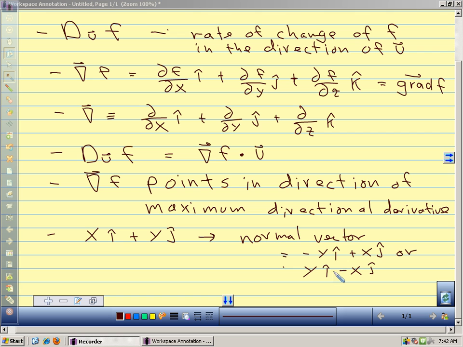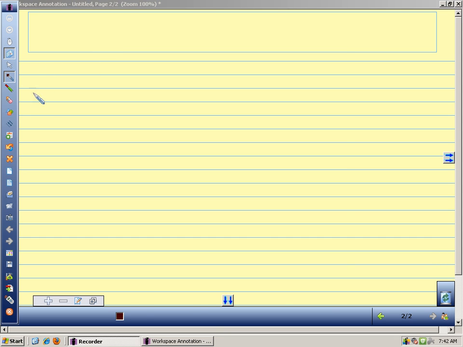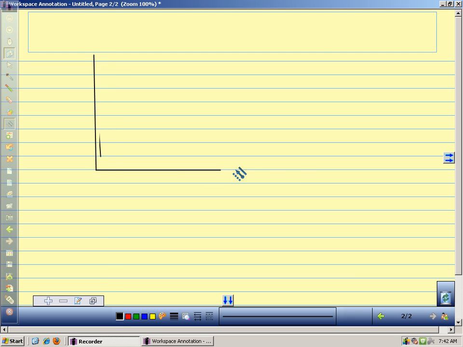So let's look at another important property of the gradient. This is our coordinate system in the xy plane. We're just going to draw a section of the xy plane, and we're going to look at a level curve.